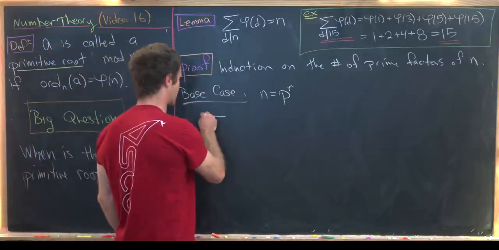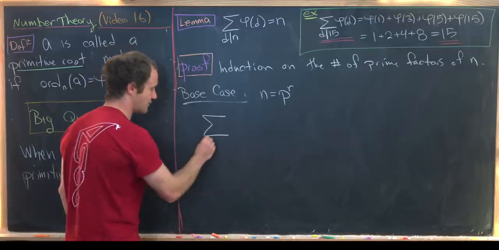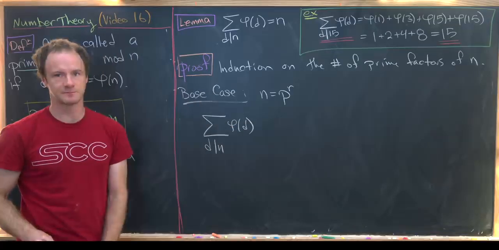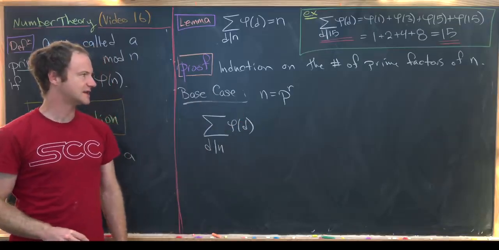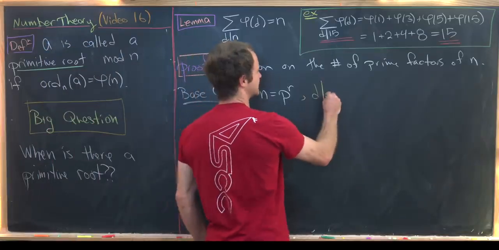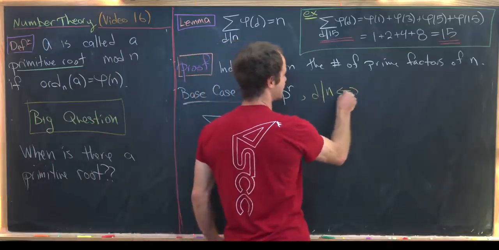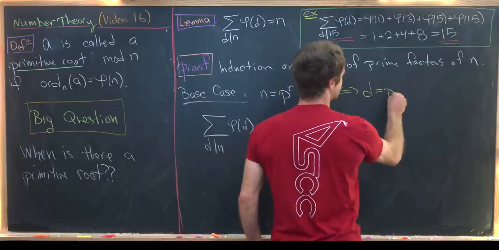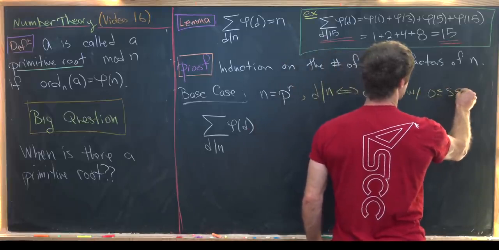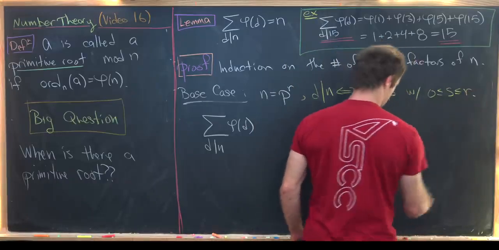Now let's do our calculation. We've got the sum over all divisors of n of phi of those divisors. Well, if n is a power of a prime, then it's easy to write down the divisors. So d divides n if and only if d is equal to p to the s, with s between 0 and r.